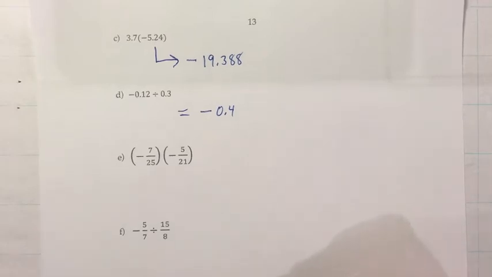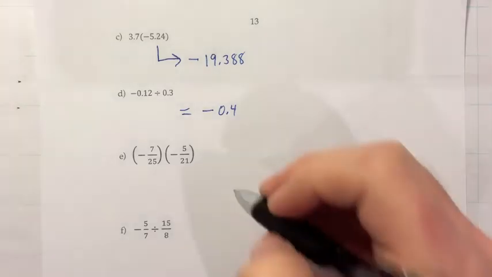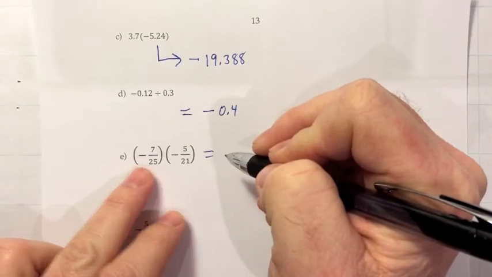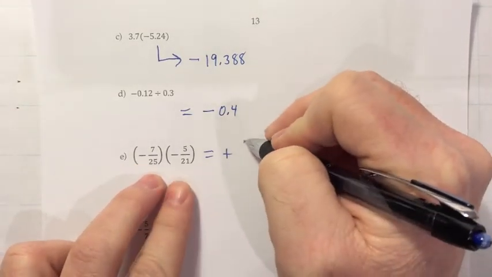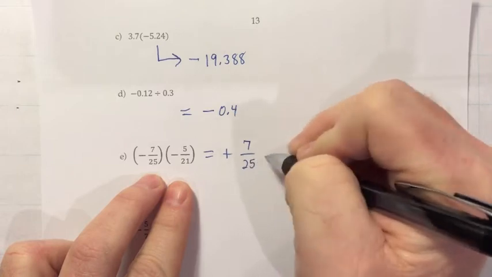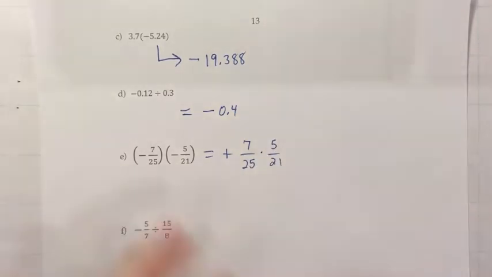All right, so let's go ahead and look at some fraction work now. This one can look like a pretty intimidating problem because of the negative signs and the fractions, but just treat it as two separate issues. You have a negative times a negative, which will be positive, and then you just need to work this out as a multiplication. So you think of what's going on with the signs, and then you do the multiplication of the fractions.